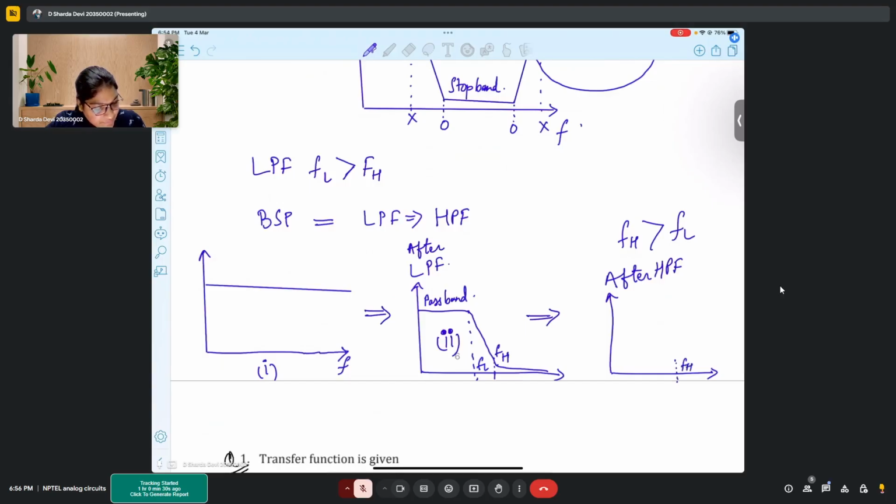After FH, there is nothing left, and before FH also, there is nothing left. This is what a high pass filter does, right? Before the cutoff frequency, everything will be gone, and after the cutoff frequency, the things will remain as it is, correct? Am I right?